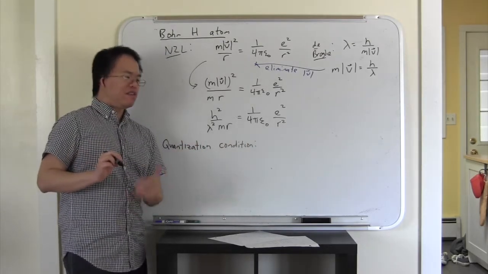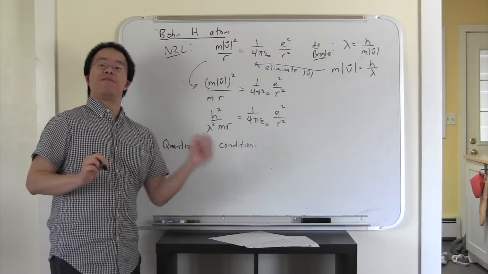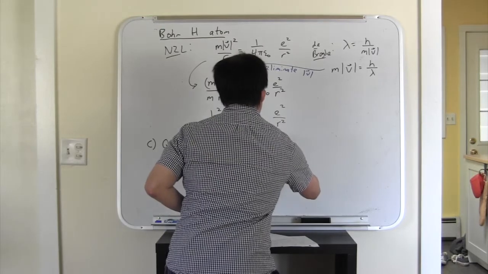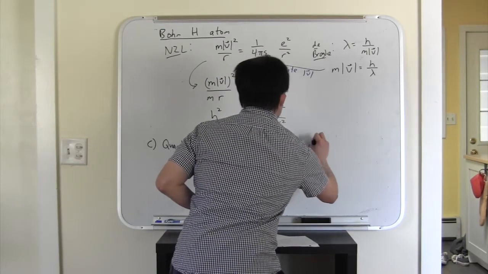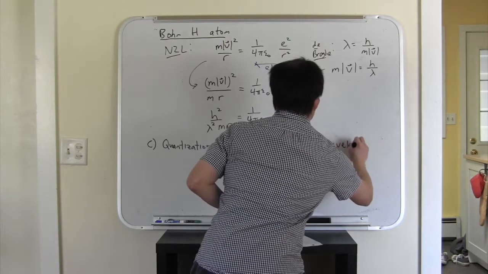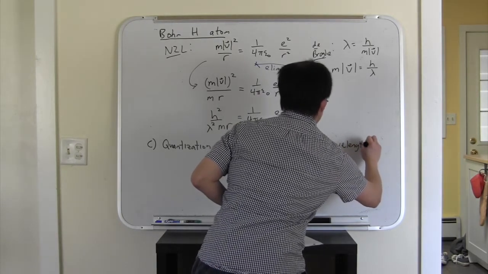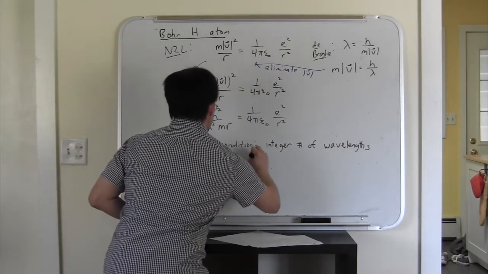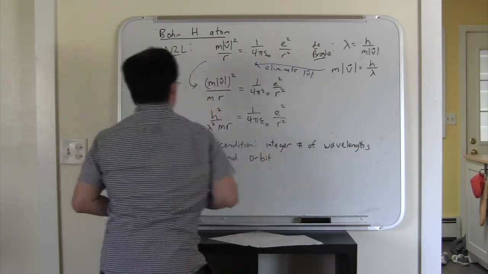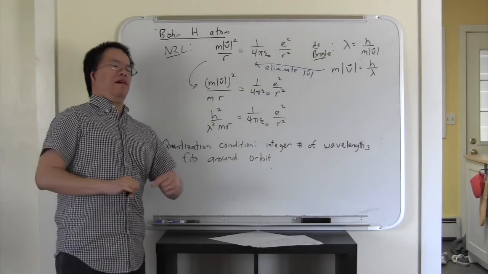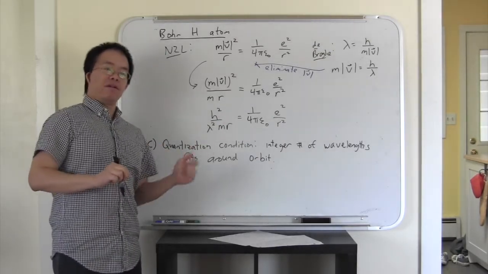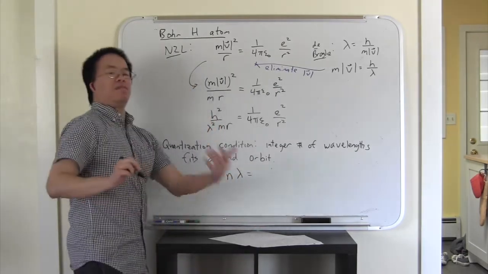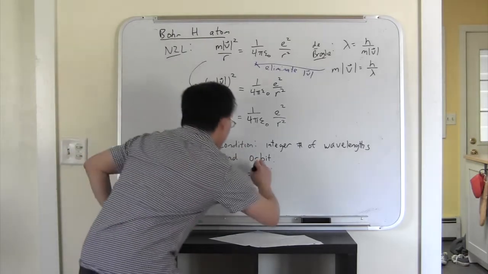And the Bohr quantization condition here is that an integer number of wavelengths has got to fit around an orbit. Therefore, you can have one wavelength equaling an orbit, so namely n lambda equals 2 pi times the radius r.